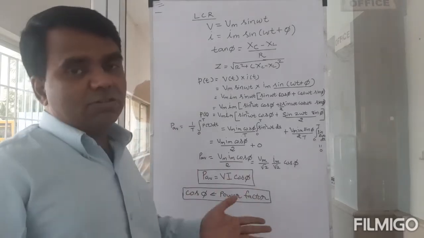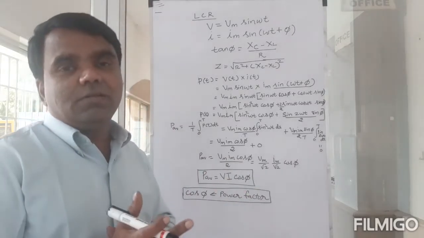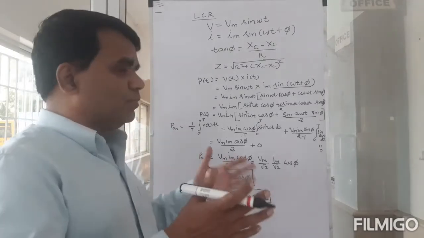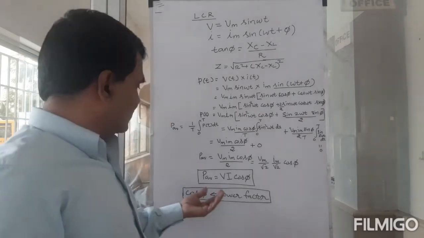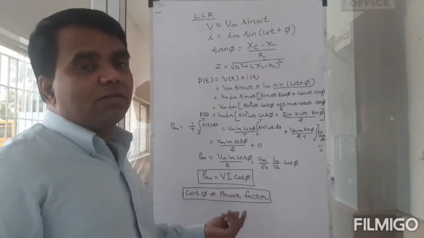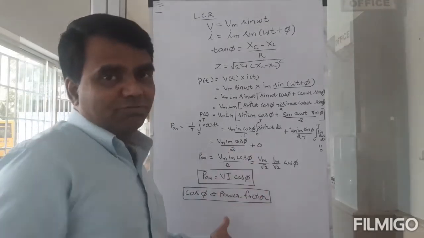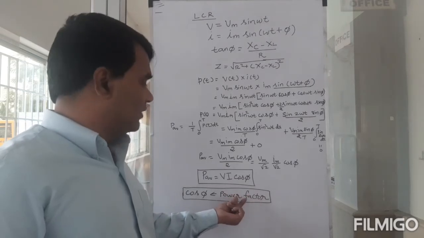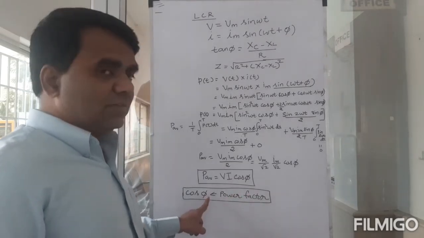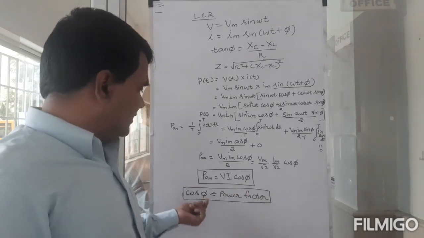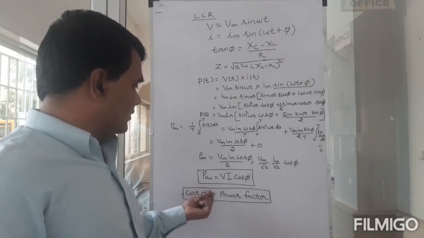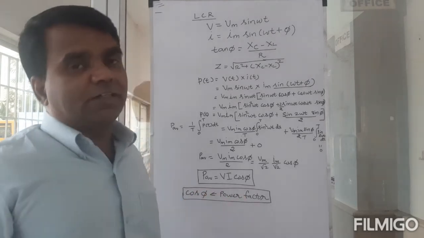If phi is close to pi by 2, then the power factor will be close to 0. So it will have a very small power factor if phi is greater. If phi is a smaller number, then you will have a high power factor.